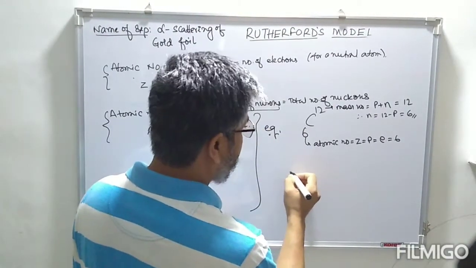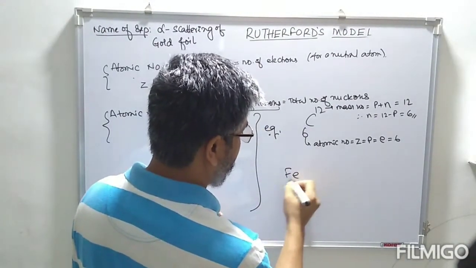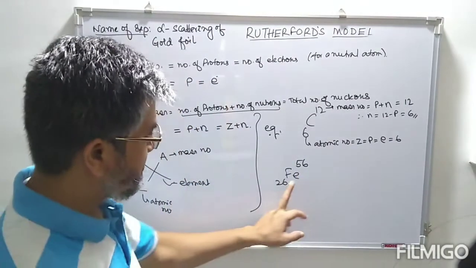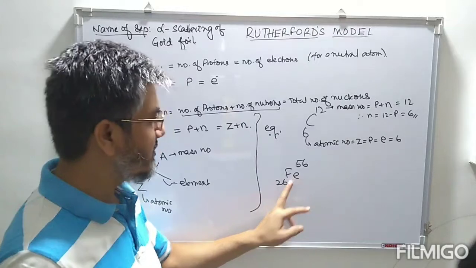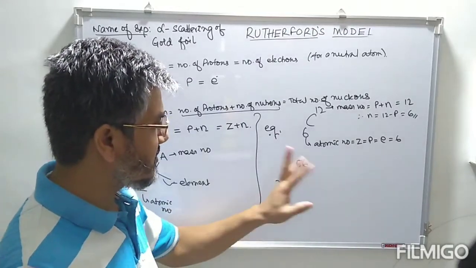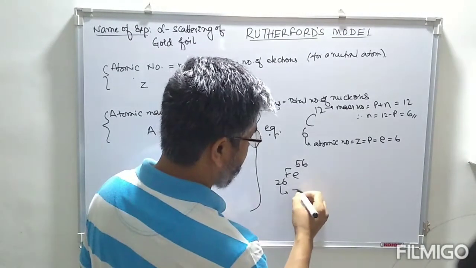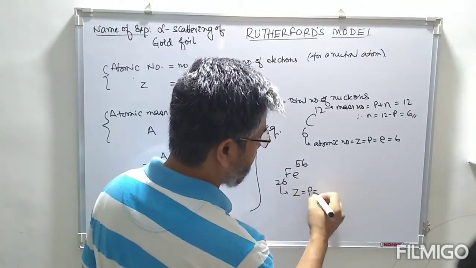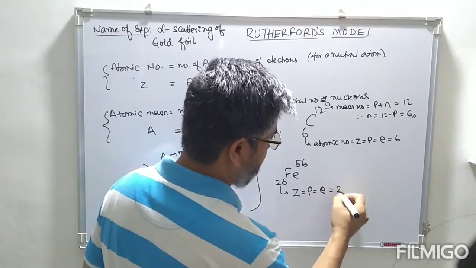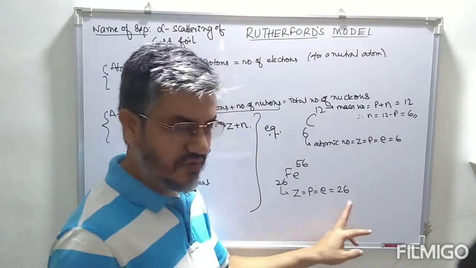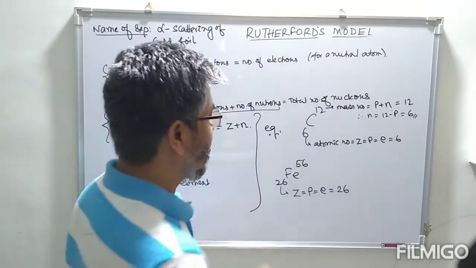Take this. That is an atom of the element iron, atomic number 26, mass number 56. So Z is equal to protons equal to electrons, that is 26. The number of electrons is 26, and the number of protons is also 26.